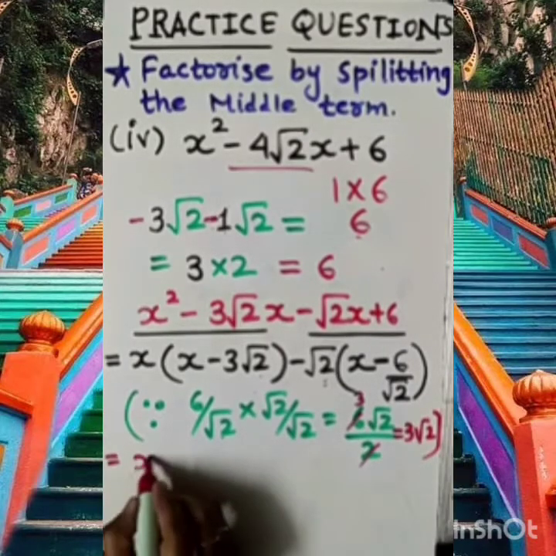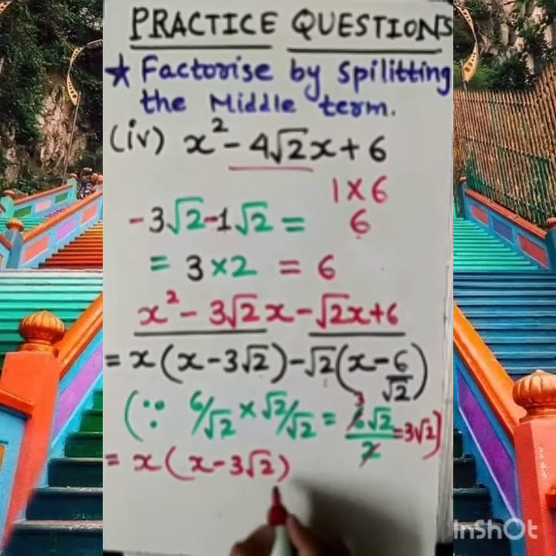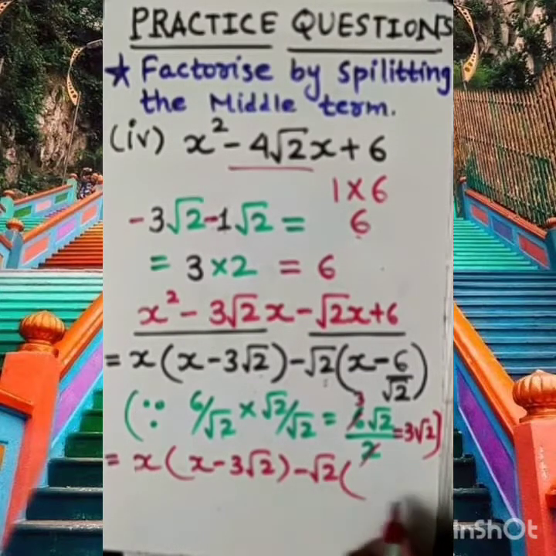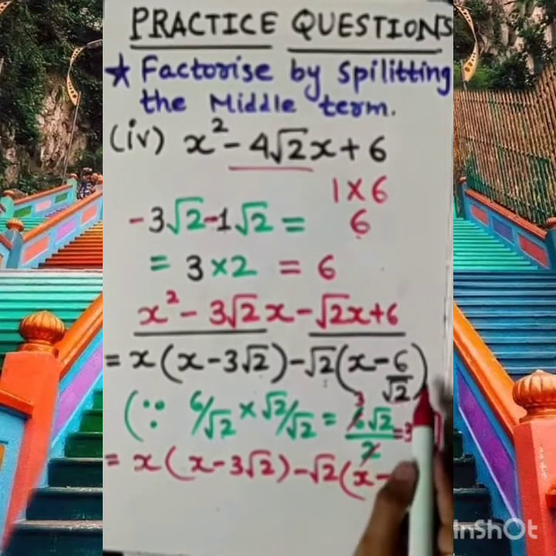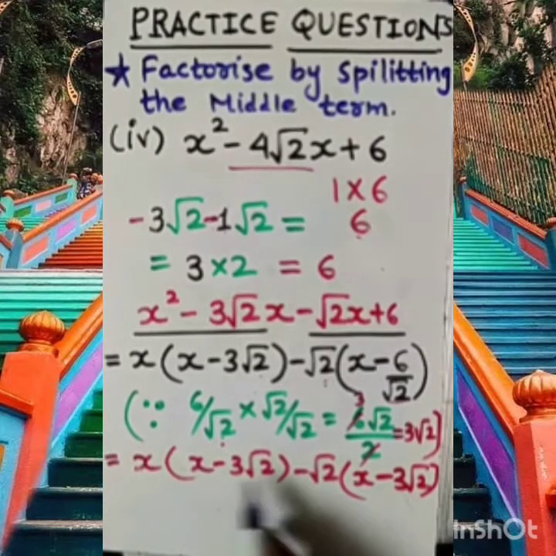So X is already there. X minus 3 root 2 is here. Minus root 2 common, so here x minus. Now the simplification of 6 by root 2, as I have shown you, is also coming to 3 root 2. So my dear student, these two brackets are coming similar.